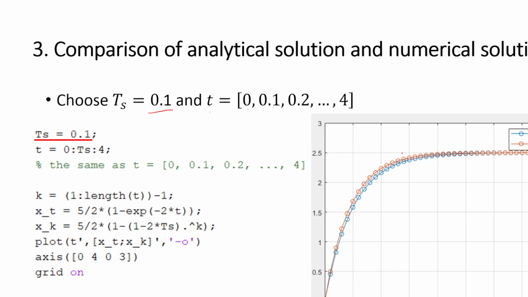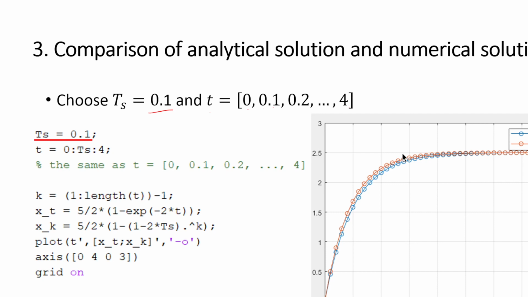This means that when you choose the sample time small enough, you can represent it as the solution of the continuous system, right? And if you choose a larger sample time, then that one represents the discrete system from the approximation.